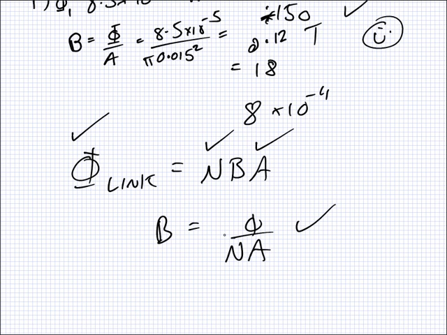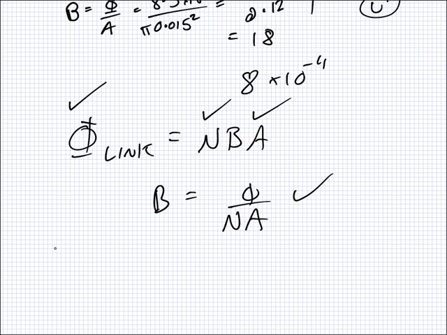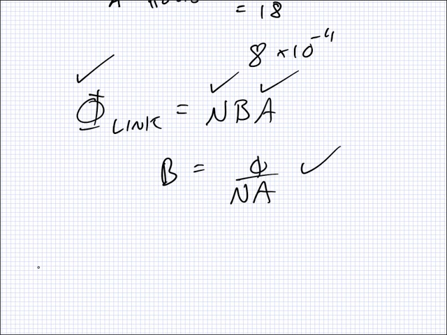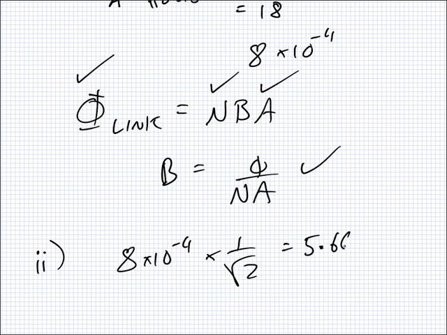Who's reading this to me? What part are we on? B2. The coil is rotated to an angle of 45 degrees to this magnetic field. Determine the flux linkage through the coil. So it's just going to be times 1 over root 2? What's the answer in the marking scheme? Is it 5.66? 6.01 times 10 to the minus 5.